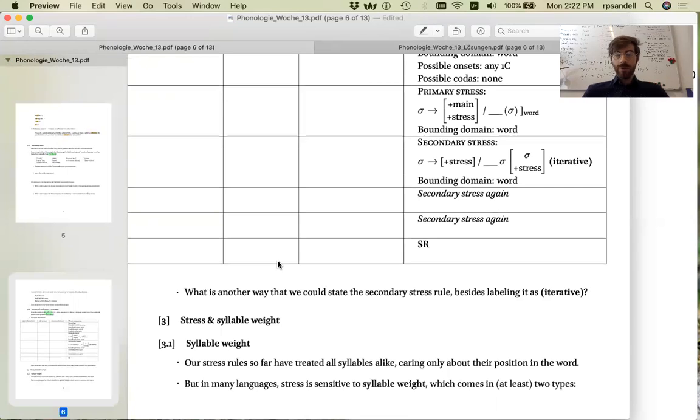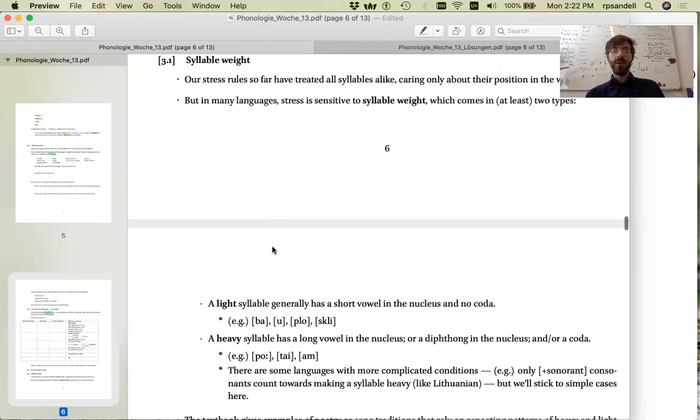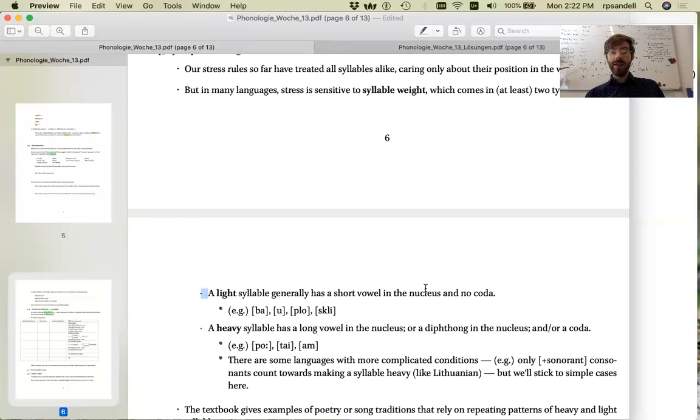And in general, languages that have a sensitivity to syllable weight distinguish phonologically between two types of syllables. Usually a so-called light syllable, where there is a short vowel in the nucleus and no coda consonant. So syllables that have a nucleus and no onset, or any number of consonants in the onset but no coda, would be counted as light.